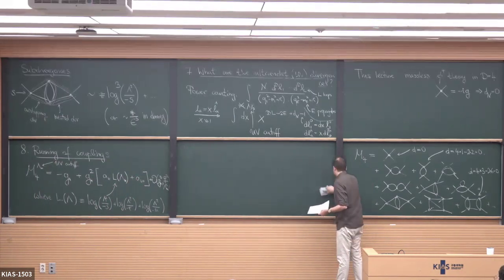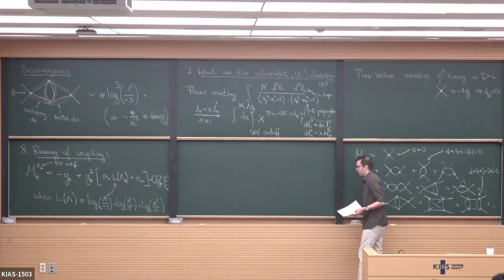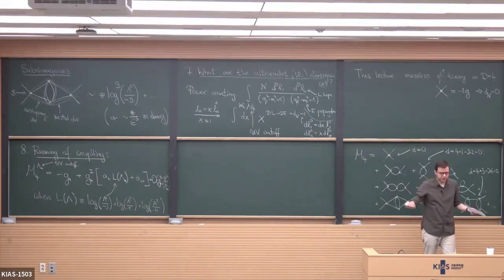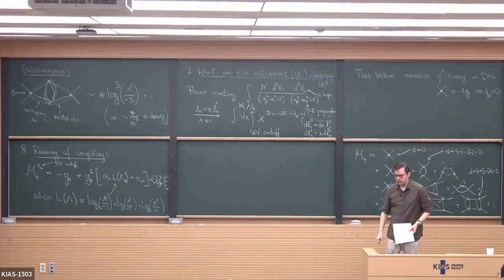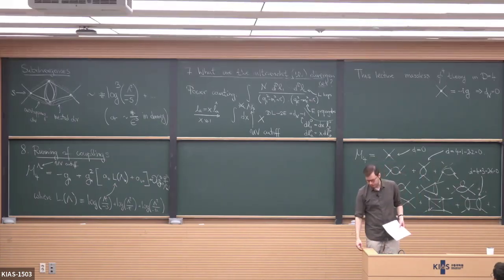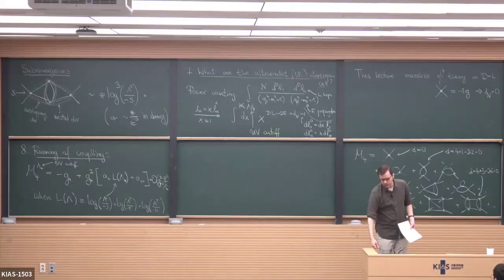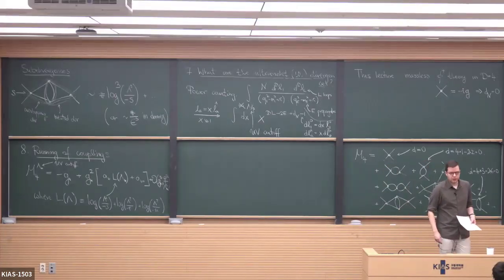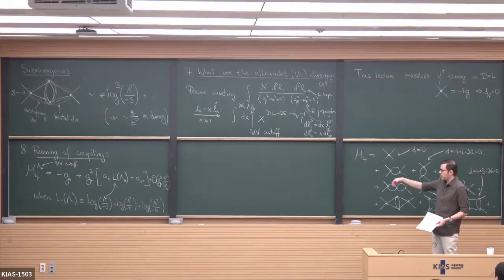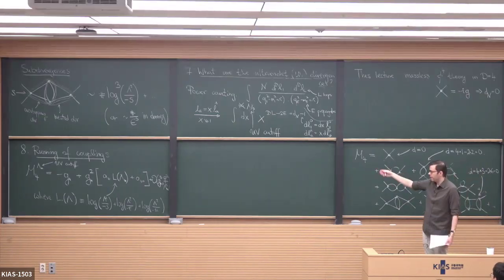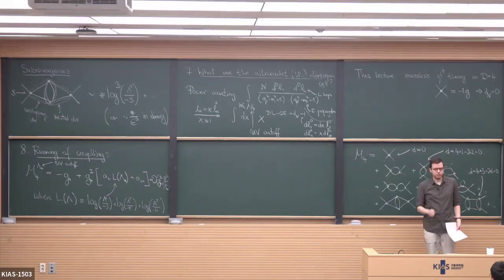So the intuition is the kind of intuition that you should have from your condensed matter courses. If you wanted to study some properties of materials, you don't need to know about how the atoms inside of the materials interact. So that should tell you that at least at the low energies, the explicit value of the cutoff should not be important at all.